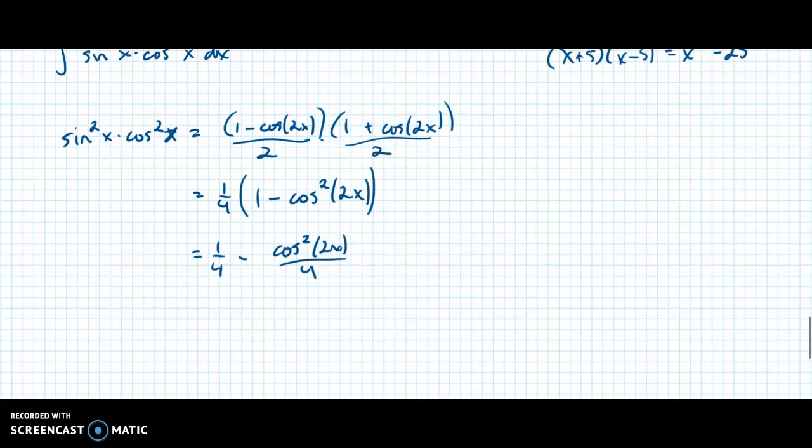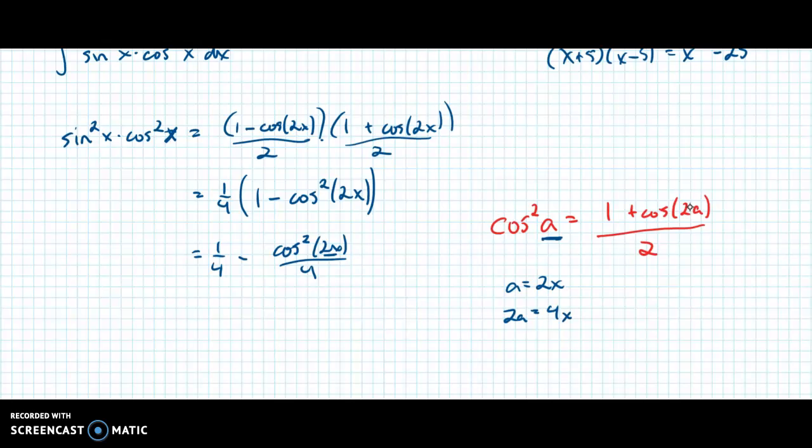Now, let me pause for a moment. I copied the power reduction for cosine squared. What I want you to see is that I need to reduce a cosine squared that already has a 2x in it. So if this right here is that one, then notice this piece is this piece. So a is equal to 2x, right? Notice this says 1 plus cosine of 2a. So that means that 2a is going to be, well, I got to double both of them.